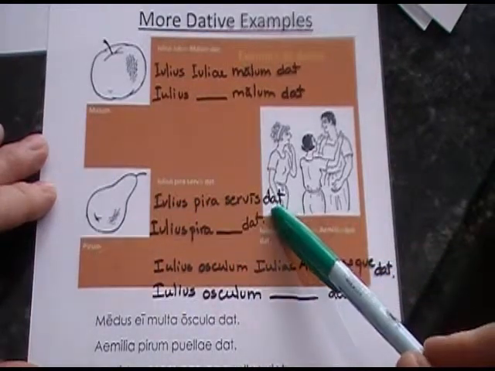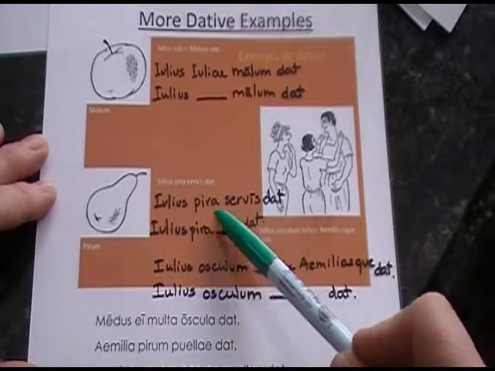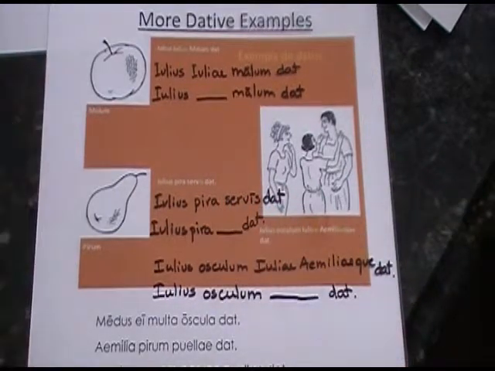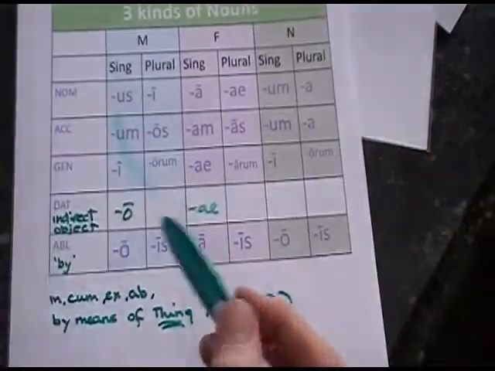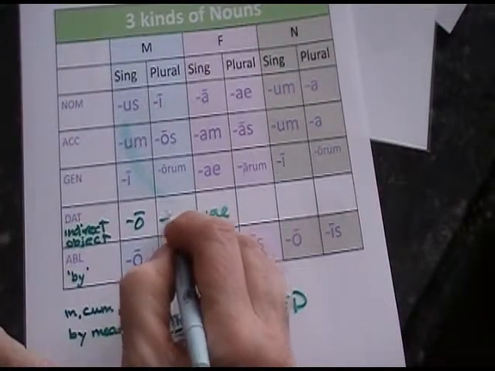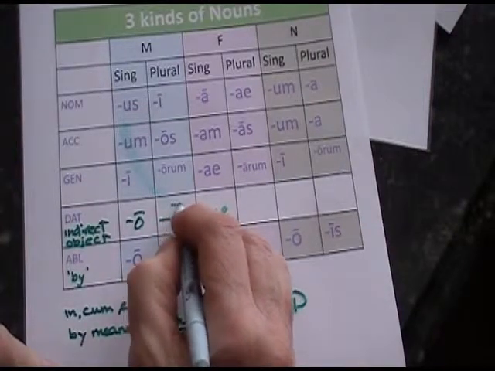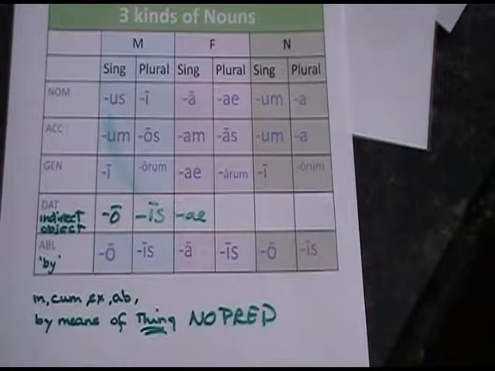Julius gives pears servis, to slaves. So what does that tell us? That tells us on our chart, he gives pears to slaves, so this ending must be is, to slaves.